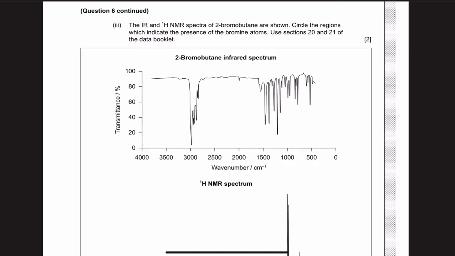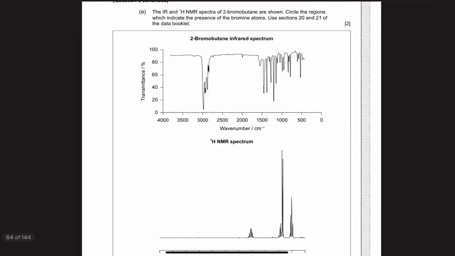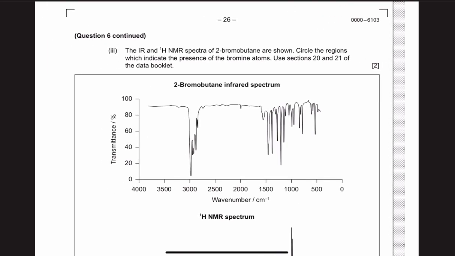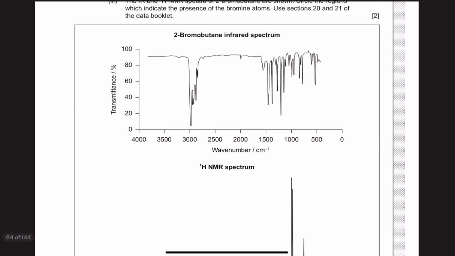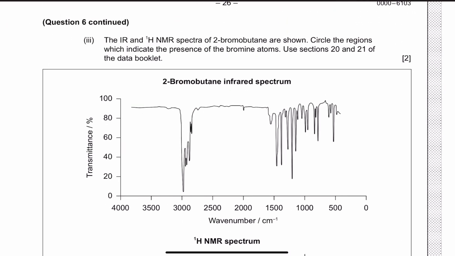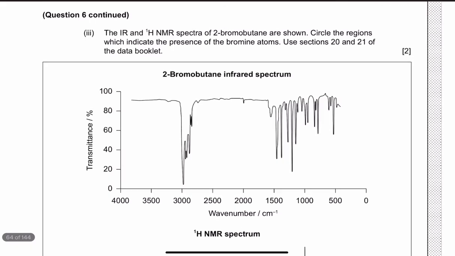There we go. IR and HNMR spectra: circle the regions which indicate the presence of bromine atoms. Use sections 20 and 21. This is an issue because I don't have the data booklet up, but essentially you just look at sections 20 and 21 and find the wavenumber that corresponds to bromine.